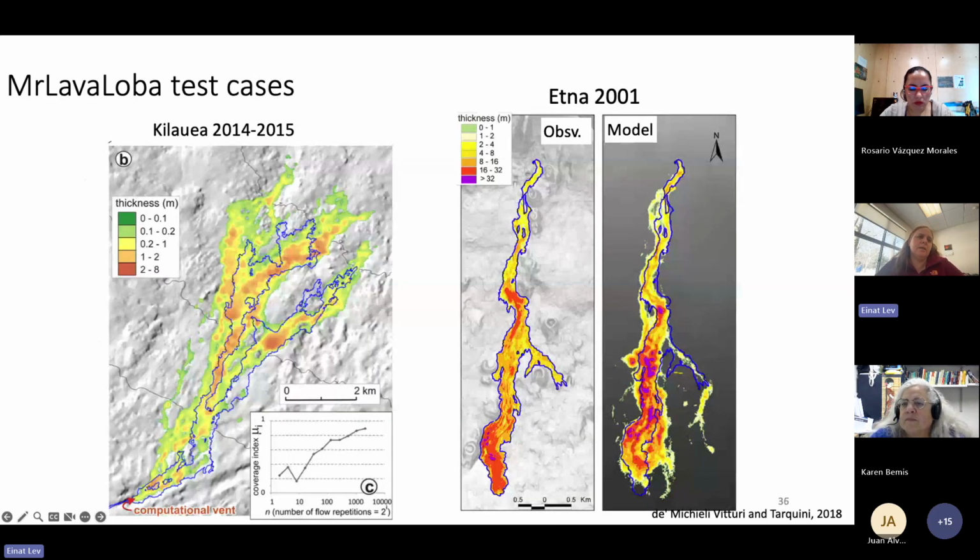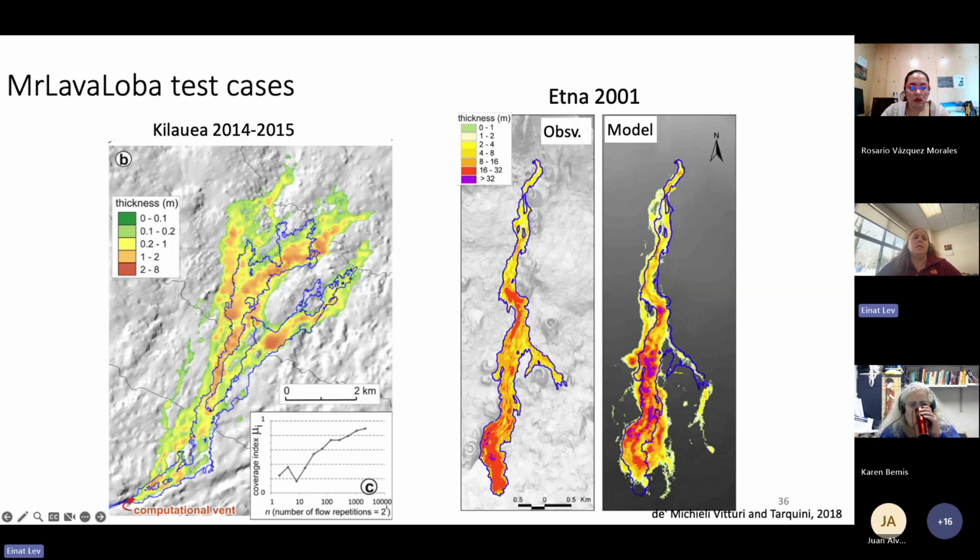Here are some test cases for Mr. Lava Loba. This is Kilauea 2014-15, where it overshot, but the main thickness was confined to where the actual observed flow footprint was, the blue lines. It did really well on the Etna 2001 flow, which a lot of models use as a test case.